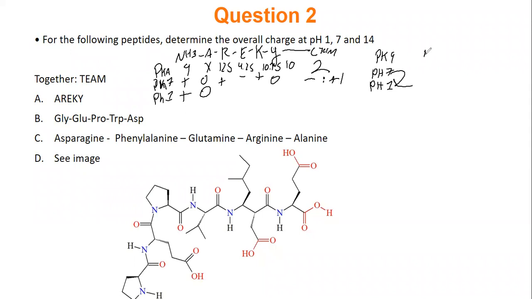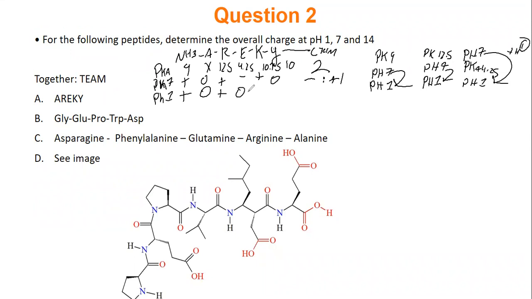R, pKa of 12.5, pH of 7, pH of 1: it never goes past the pKa, so it stays the same as it was at 7. E, pH 7, pKa 4.25, pH 1: it passes, so it gains a proton when it goes below it.